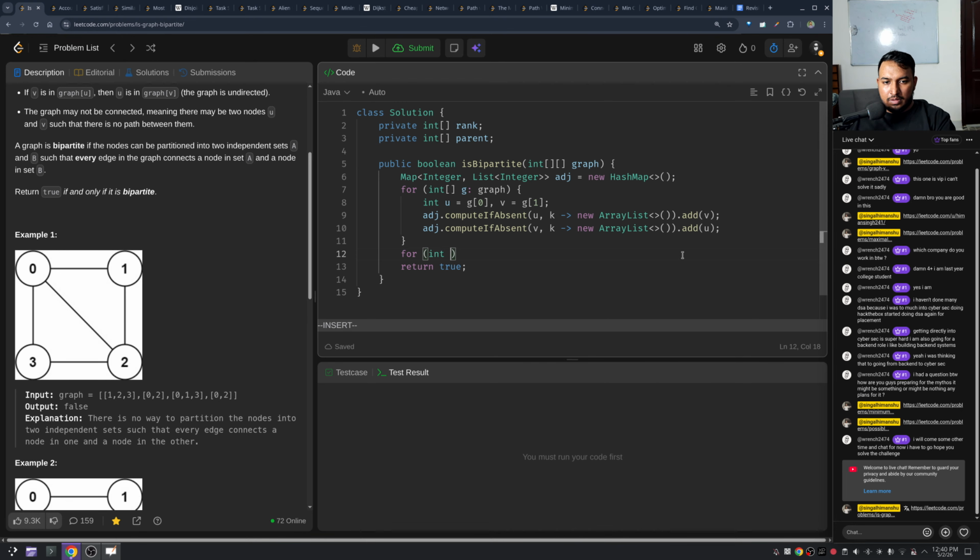Okay, for int, what can we do here? So in this u is 0. Here I think it's different for int.